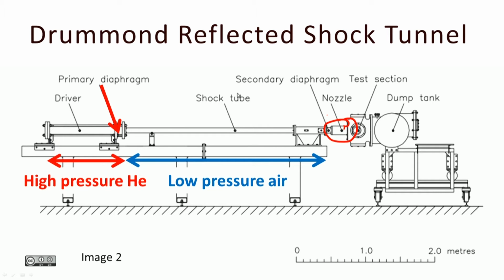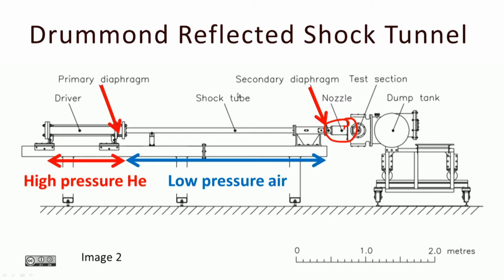One important strength of impulse facilities is that this shock tube doesn't need to be filled with just air. So we can fill it with any test gas, and in this way we can simulate flight through other atmospheres with relative ease. And that's something that's not possible with a normal fan-driven wind tunnel. Now, to seal the shock tube from the nozzle in the test section, we use a thin mylar secondary diaphragm.